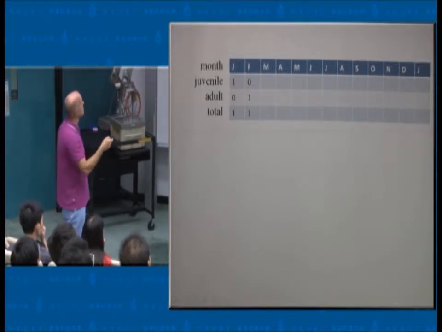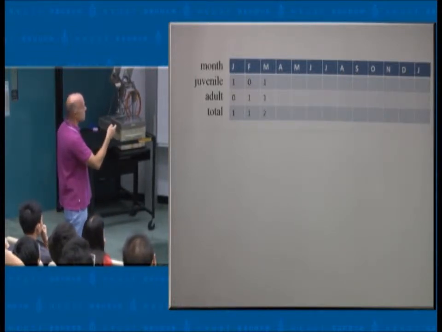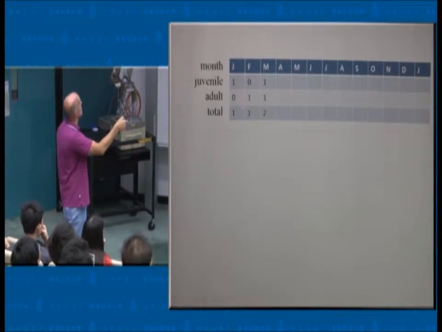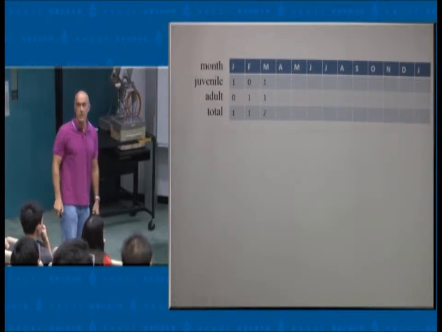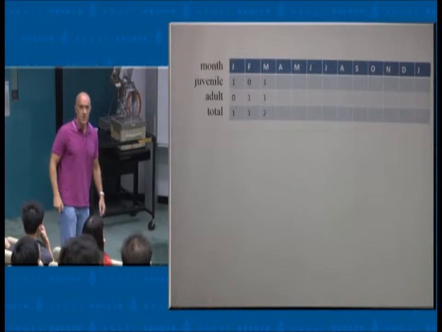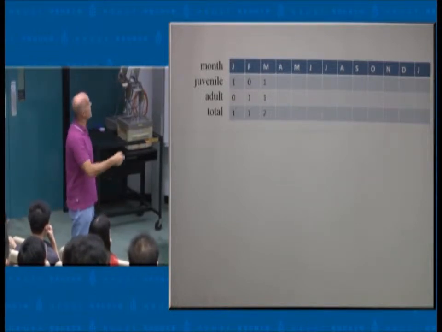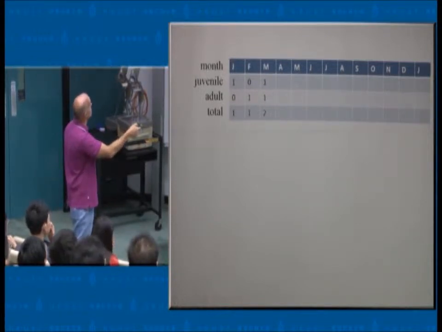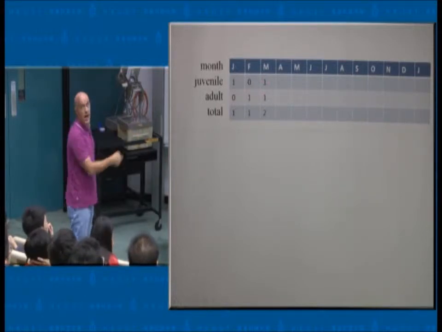Okay. 1 more month goes by. So what happens? In February, they were 1 month old, so the rabbit pair mated, right? The female rabbit became pregnant for 1 month. And then on March 1st, gave birth to a newborn pair of rabbits.